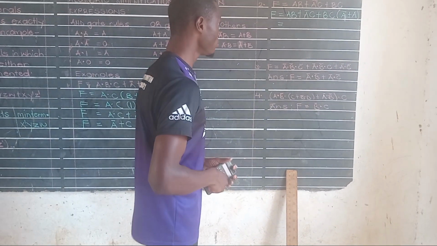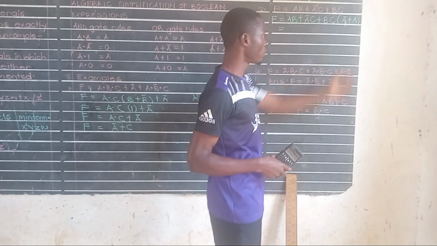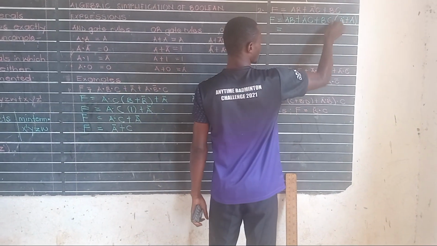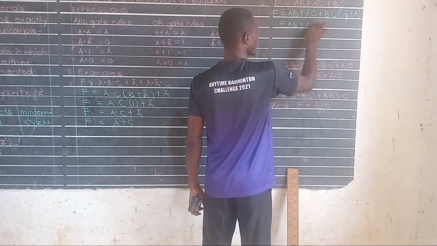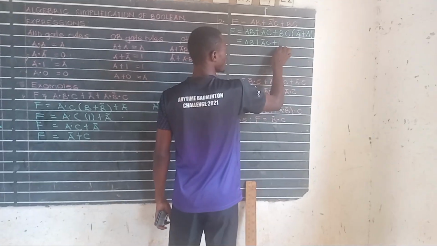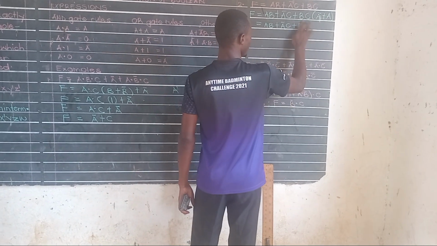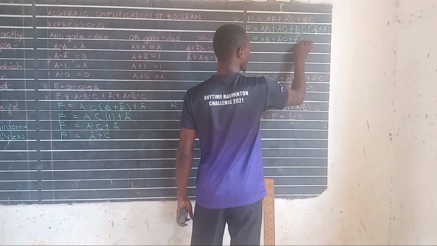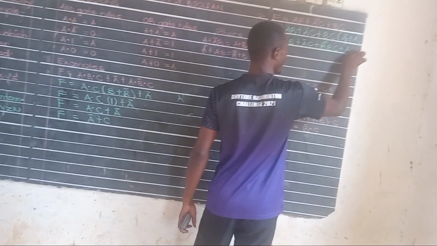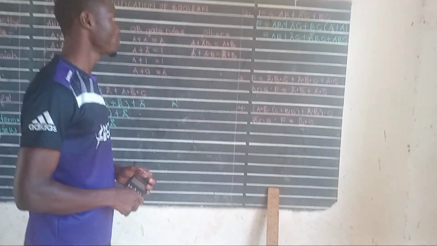I'm going to apply the law of distribution on these two terms. So if I apply the law of distribution, this is not A, let me use bar, it is not A B C, or A B C. So what else?